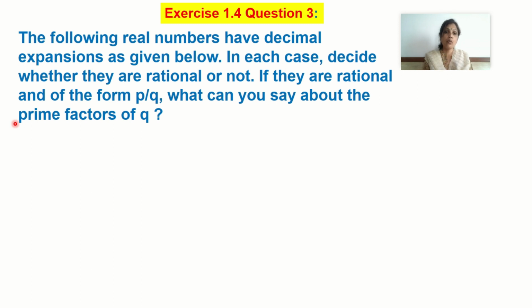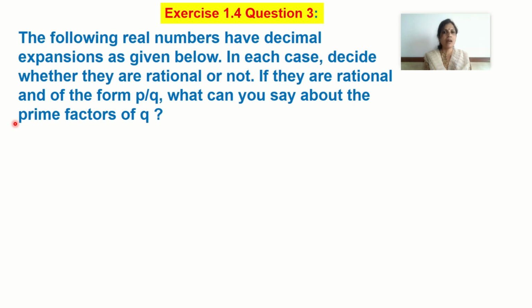So you have been given a number in the form of decimal expansion. So you have to decide whether it is a rational number or it is an irrational number. And if it is a number which is in the form p by q, you have to comment on its denominator.